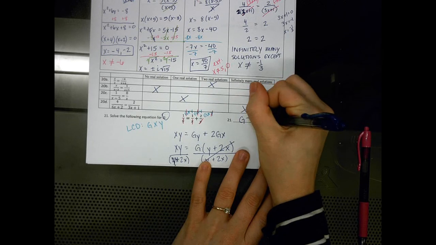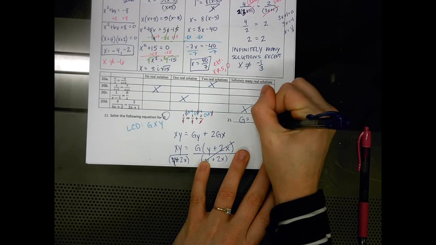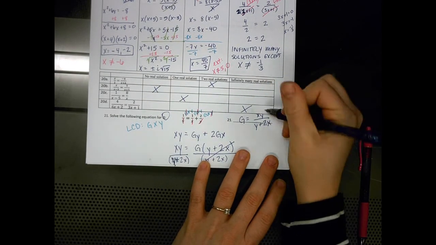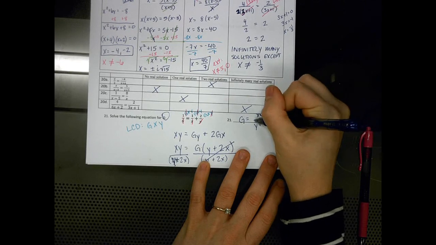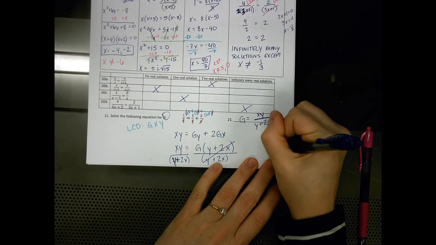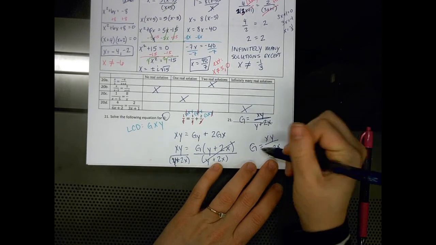So g is equal to xy over y plus 2x. That's xy over y plus 2x. Please make sure you write it as an equation because you are solving for g.